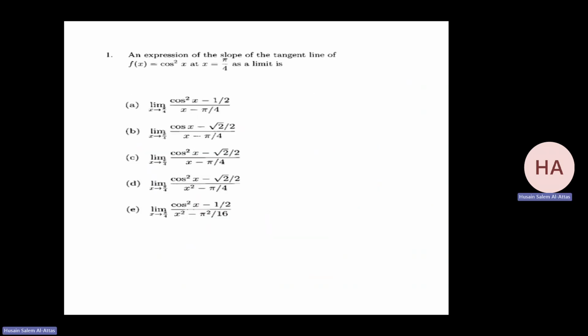Just applying the formula to find the expression for the slope of the tangent, which is f prime at this. So it's f prime at pi over 4, which is the limit as x goes to pi over 4 of f of x minus f of pi over 4 over x minus pi over 4.